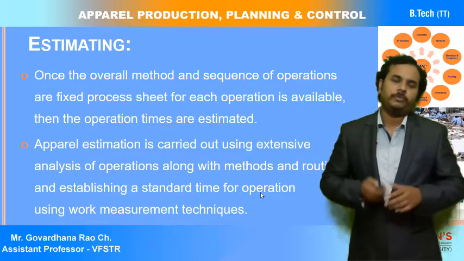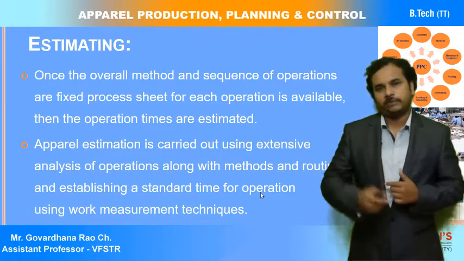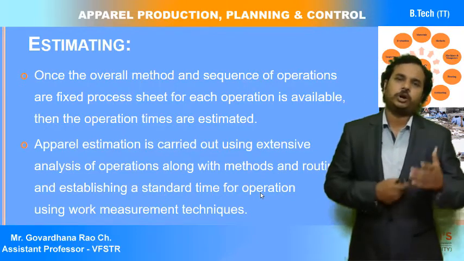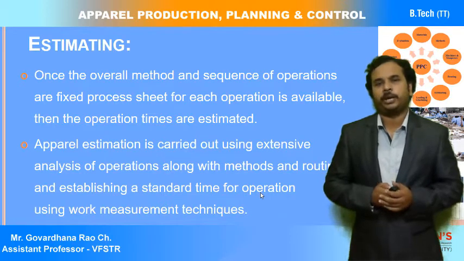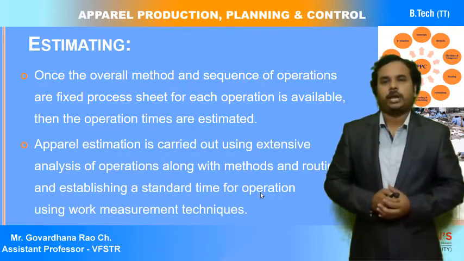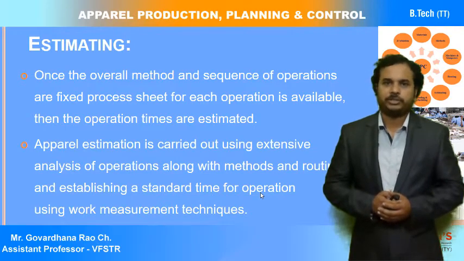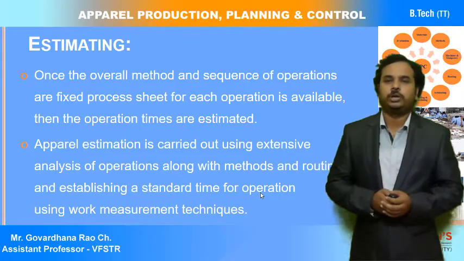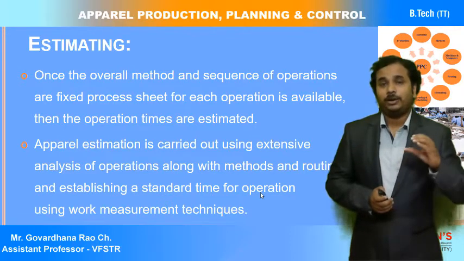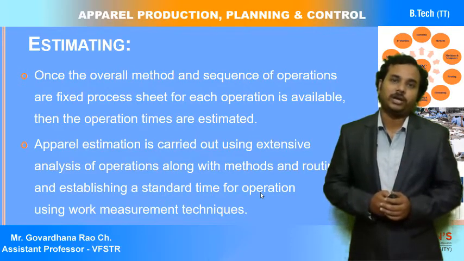For example, there are 40 operations or 50 operations, and each operation has to be estimated separately. Then the average and total time for making a garment is calculated. That is the final total time for one garment.